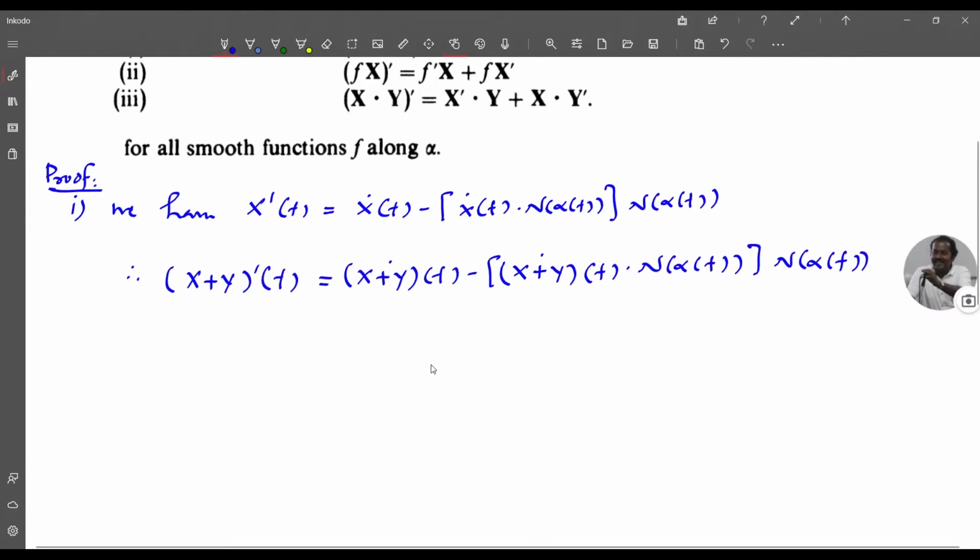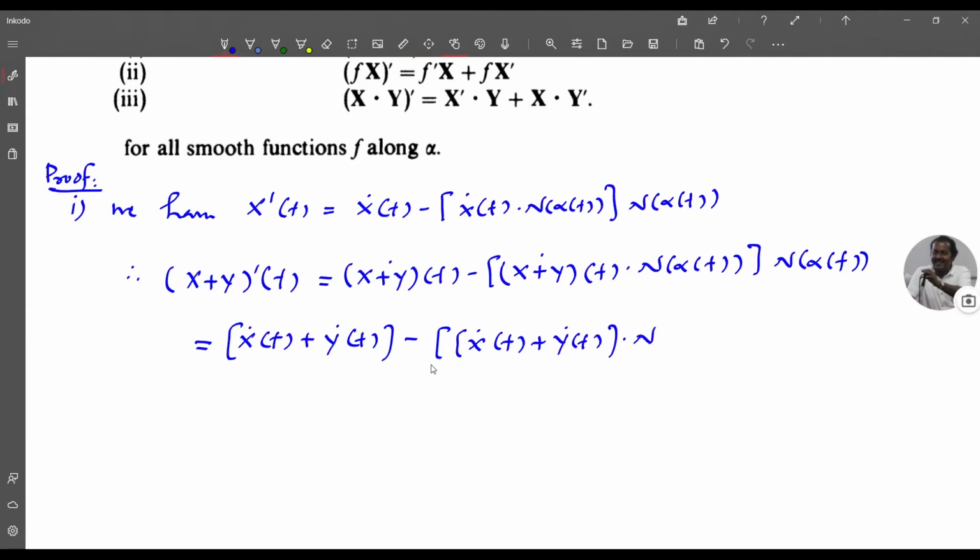That is equal to x dot of t plus y dot of t minus (x dot of t plus y dot of t) dot n of alpha of t into n of alpha of t.